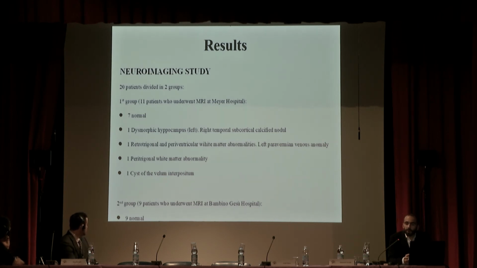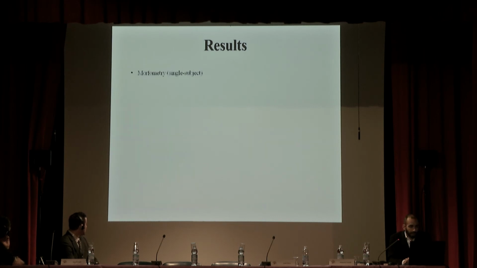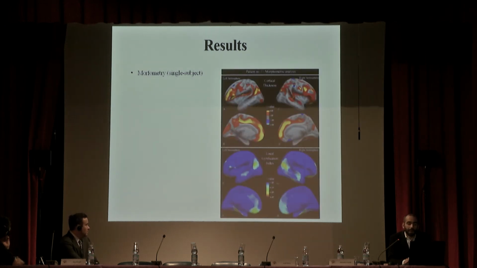We processed data to calculate cortical thickness and the gyration index. I'll show you an example of a morphometric study on a single patient to clarify our approach. This is the image with respect to the 2 healthy controls who were age-matched and gender-matched. The top part shows the left and right hemisphere, the medial and lateral sections in red and in yellow. We see an increase in cortical thickness.